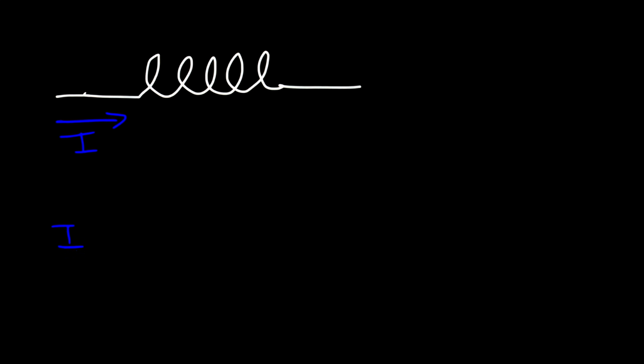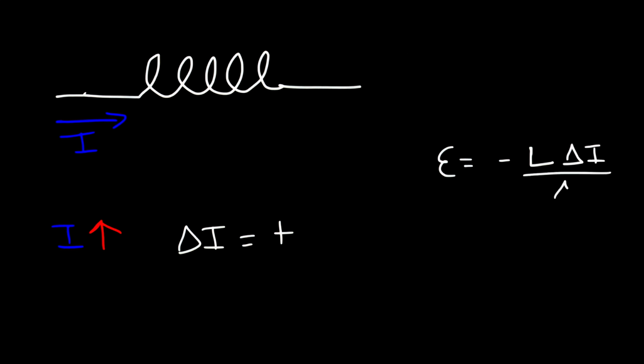That current increases from 8 to 30. Because the current increases, the change in current is positive. So therefore, if delta I is positive, a positive value times a negative sign will give us a negative EMF.